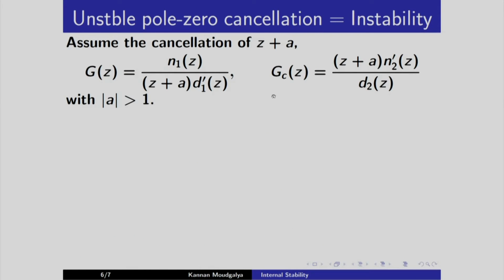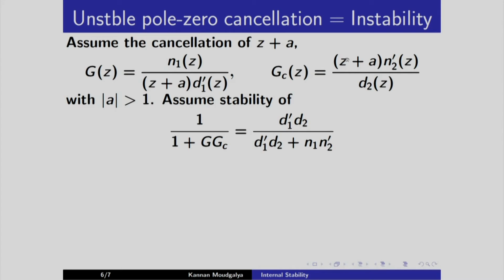So this is G and this is GC. Remember, the unstable pole of G is cancelled by a 0 of GC exactly at that location, and A is outside the unit circle. Now, as I mentioned earlier, we will assume the stability of 1 over 1 plus GC.